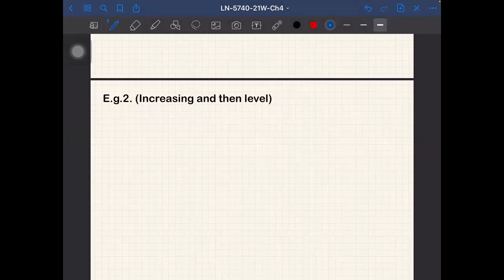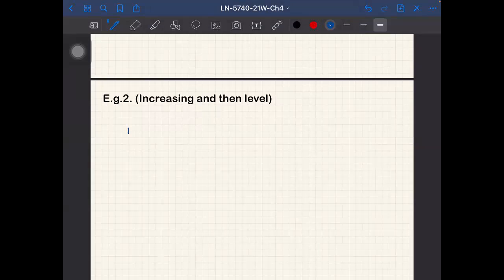Hi, so now we have a little more complicated example for increasing annuities and perpetuities. In this example, the payment increases at first, then becomes level.